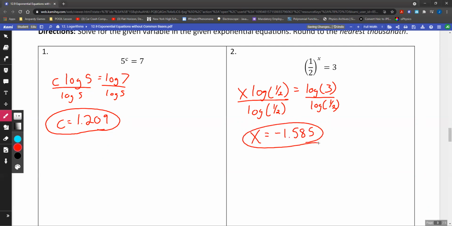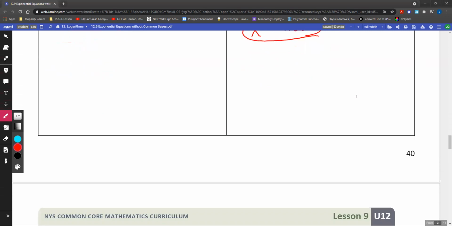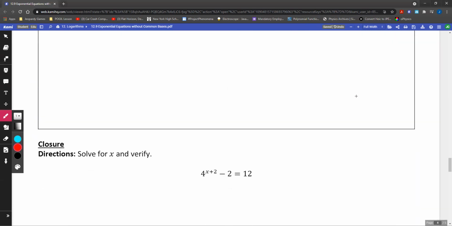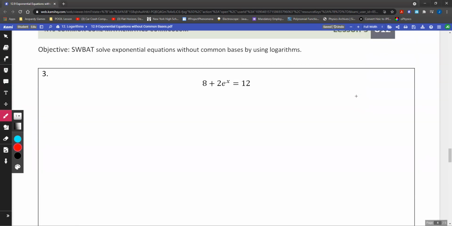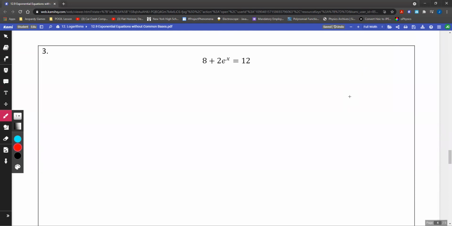All right. So that's the main gist. Let's see if there's any, we'll just do this last question. So last one, we're going to want to isolate that e term so we can subtract the 8 from both sides. So we end up getting 4. Divide both sides by 2.